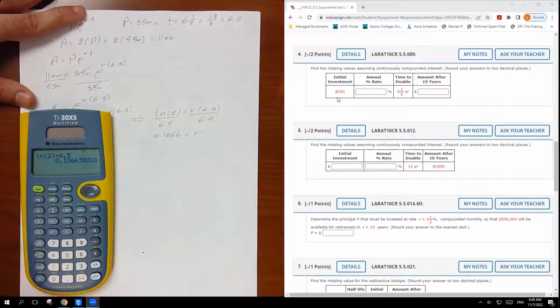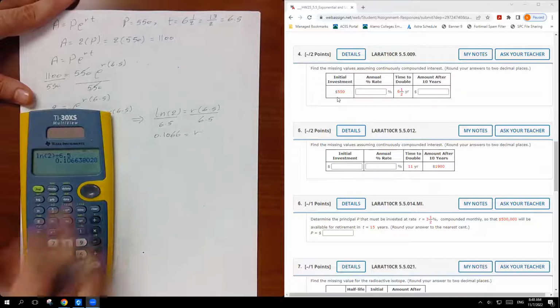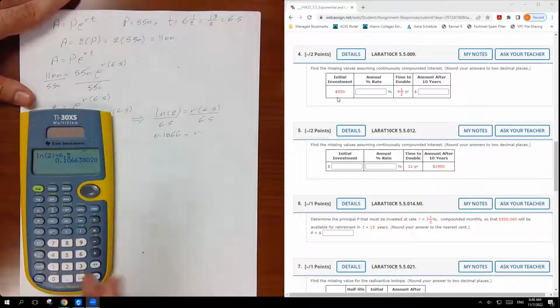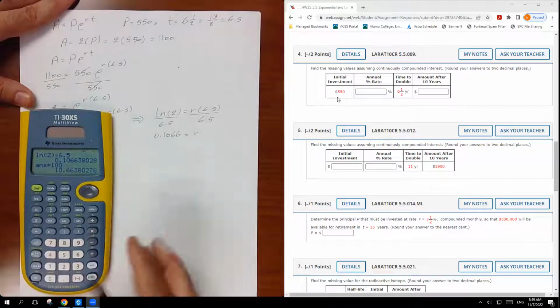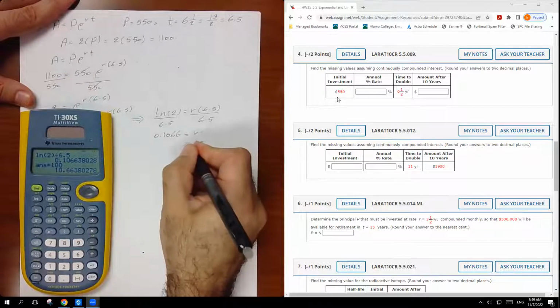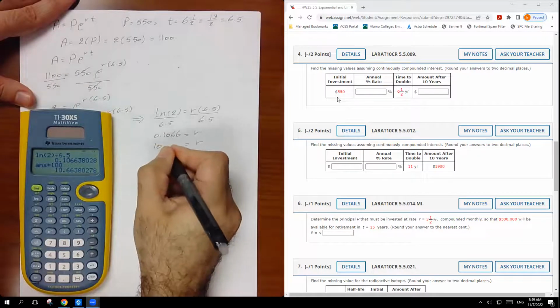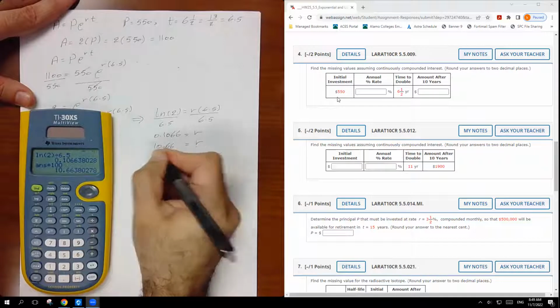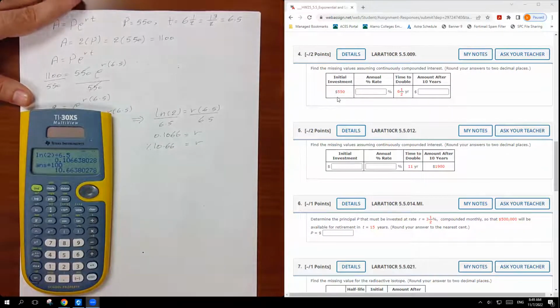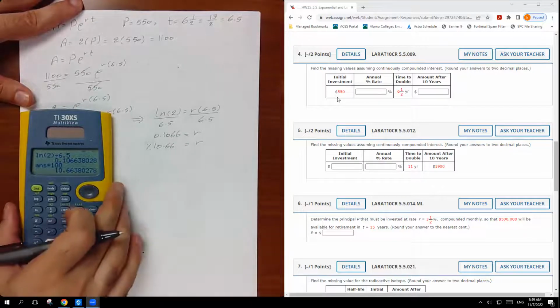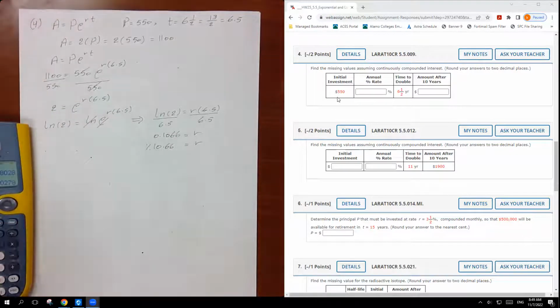And take this number. So this is the rate. To express it as a percentage, I'm going to multiply it by 100. That means it's going to be 10.66%. So this is our rate of interest. Now, next part of this example, first of all, we're going to type here 10.66.